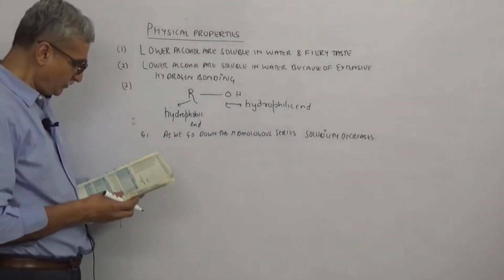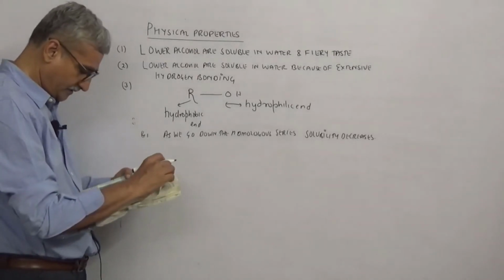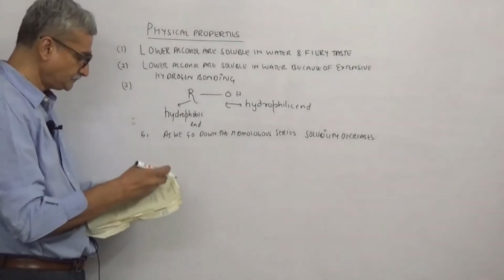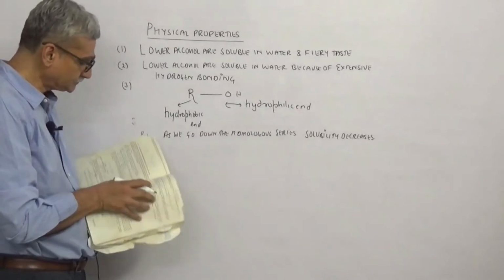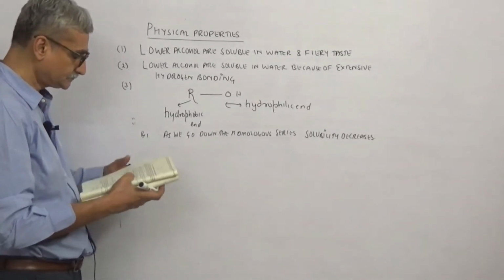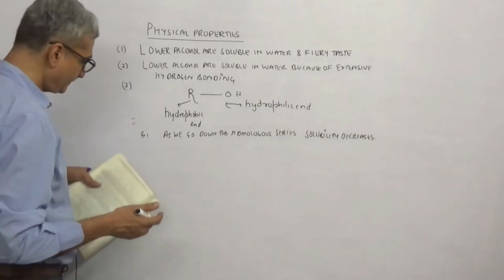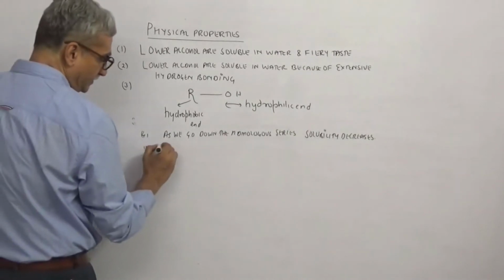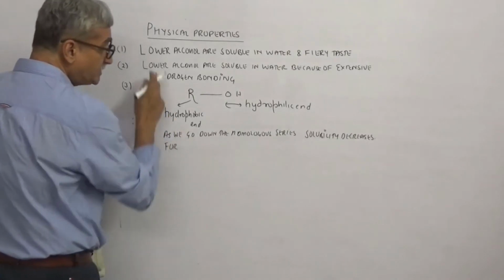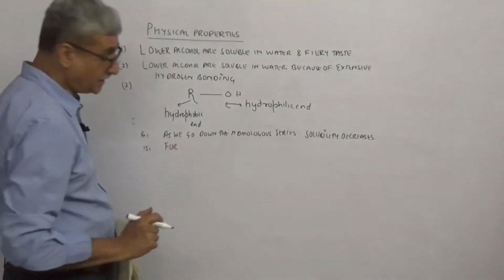Then the fifth point, for isomeric alcohol, each is an MCQ on its own, Sarah.